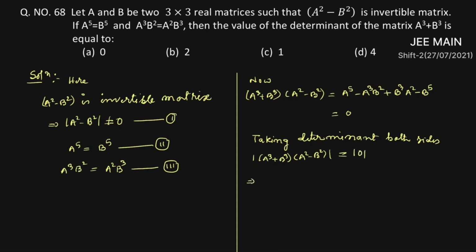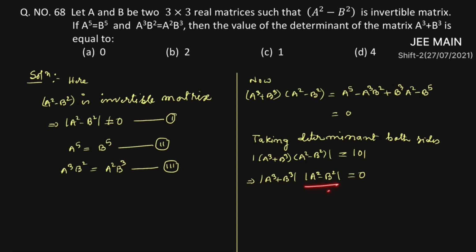This implies that determinant of A cube plus B cube times determinant of A square minus B square equals 0. We know that determinant of A square minus B square is not equal to 0. For satisfying this equation, one of these two determinants should be 0.